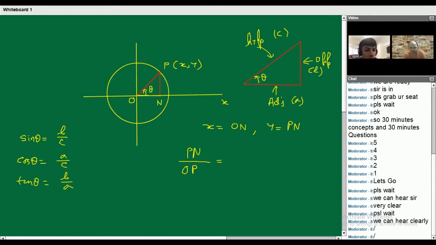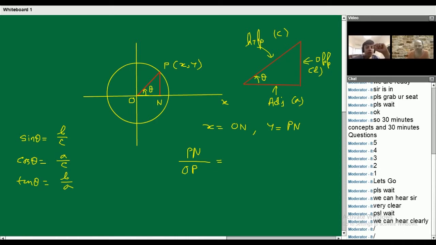You will definitely answer this. PN is opposite and OP is hypotenuse. Oh, sine. It will be sine.